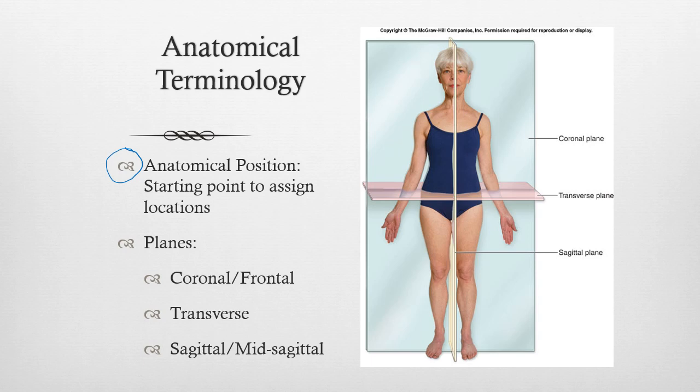And so things like MRIs and CT scans essentially take a slice of the body in a particular plane. When we want to see the body in terms of front and back, we're going to do a coronal or frontal plane. The coronal plane divides the body up into a front half and a back half. We can also do a transverse plane.